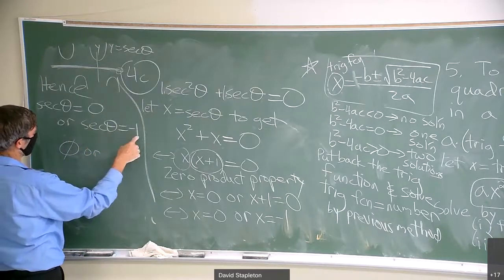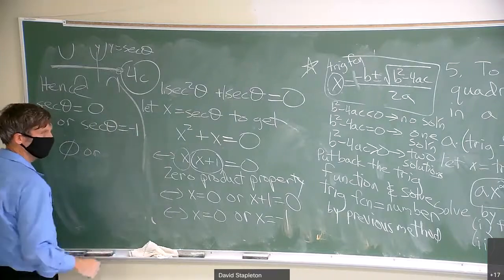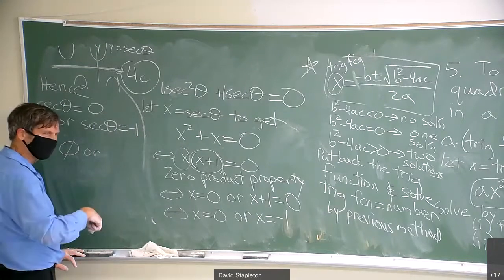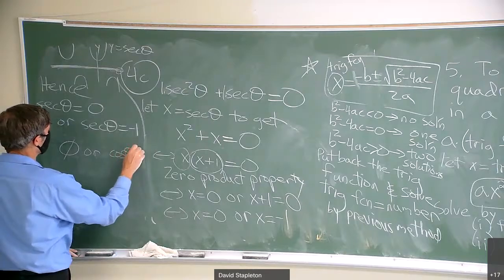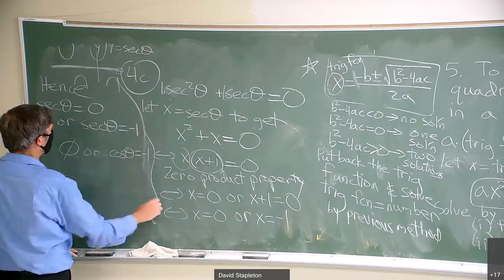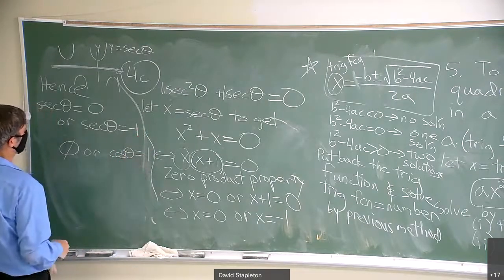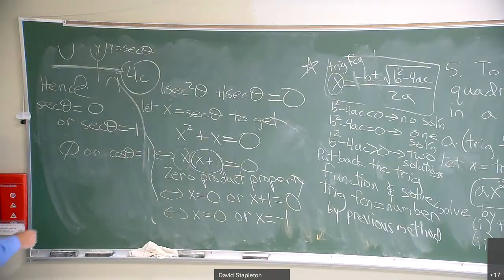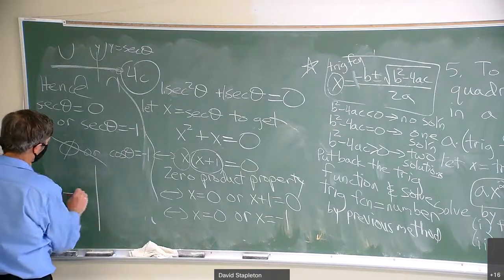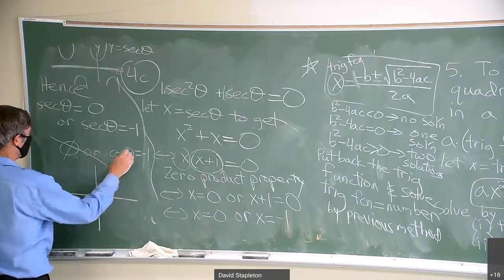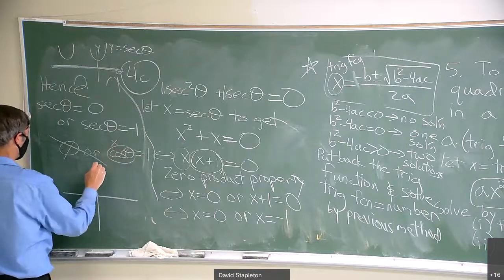Secant theta equals -1. How do we solve that? Back to step 1, right? Rewrite it as cosine theta equals the reciprocal, which is also -1. So 1 over -1 is also -1. Now I throw the other one out because it doesn't contribute anything. I just have cosine theta equals -1. How do I solve that? Unit circle. This time, remember cosine theta is the x coordinate.